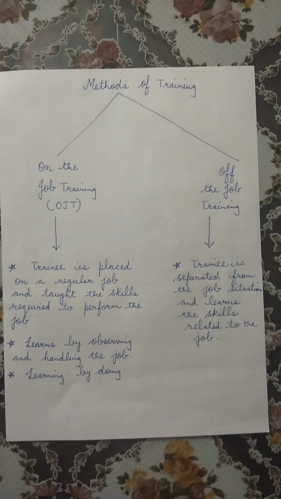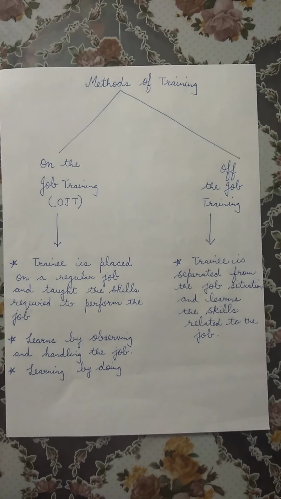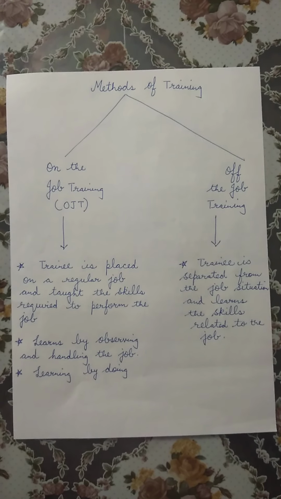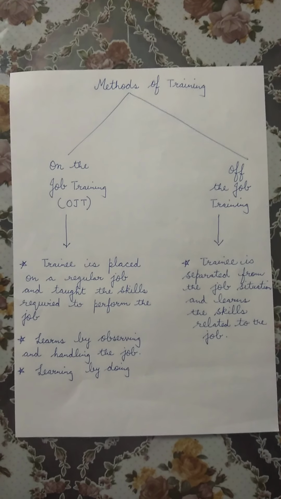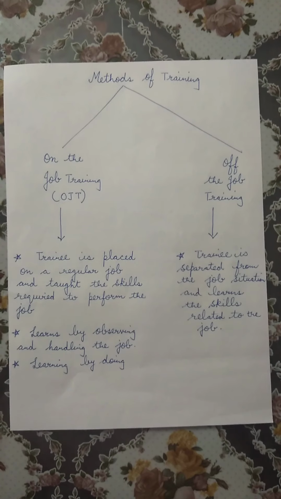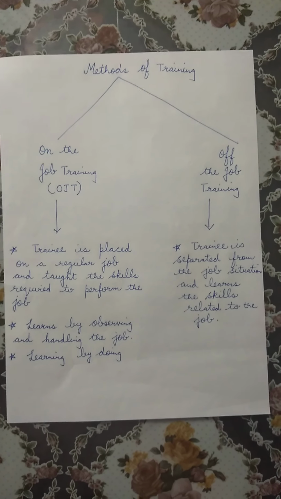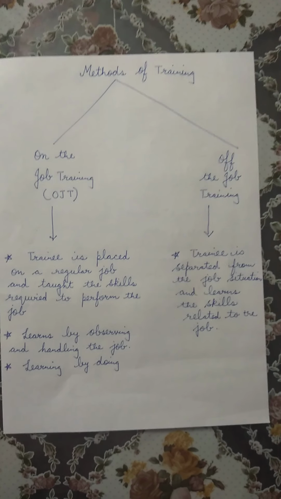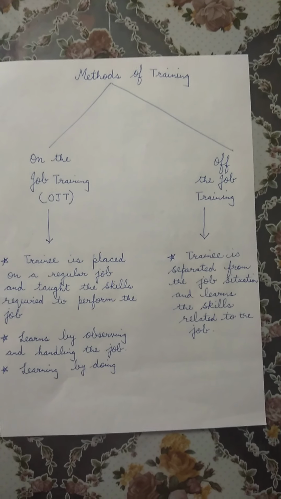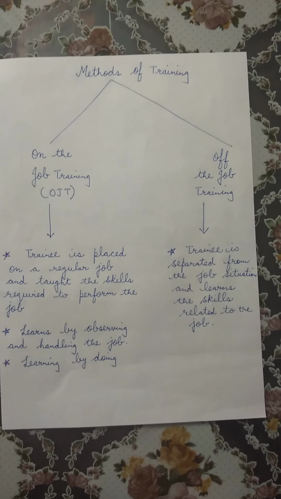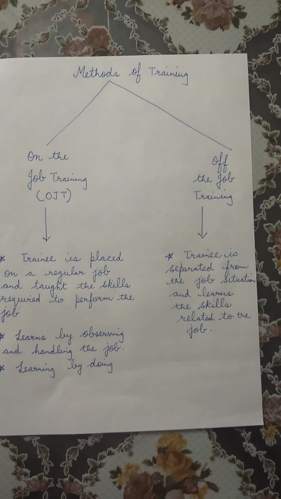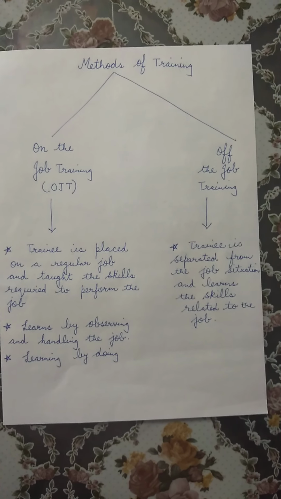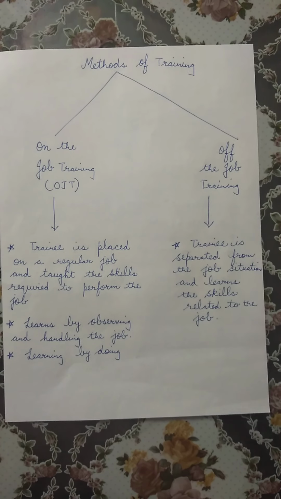It is basically learning by observing and handling the job. That is, the worker would observe his supervisor as to how he is operating the particular machines, and then he would also try the same machine by operating himself in the guidance of his supervisor.